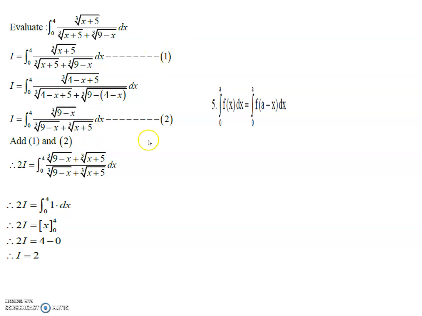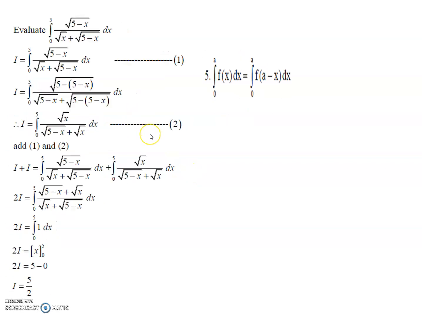Now adding equations 1 and 2, we have 2I equal to the integral from 0 to 4 of cube root of 9 minus x plus cube root of x plus 5 upon cube root of 9 minus x plus cube root of x plus 5. Common terms get cancelled. So we derive 2I equal to the integral from 0 to 4 of 1 dx. What is the integration of 1? It is x. Lower limit 0, upper limit 4, 2I is equal to 4 minus 0, so I is equal to 2.